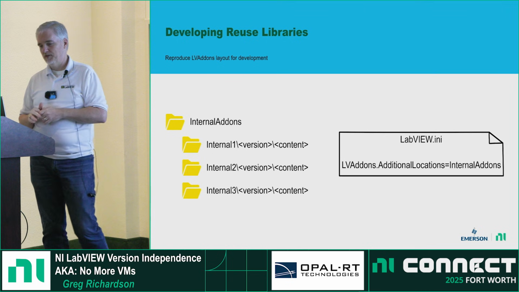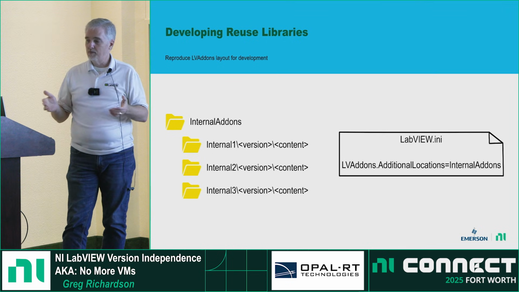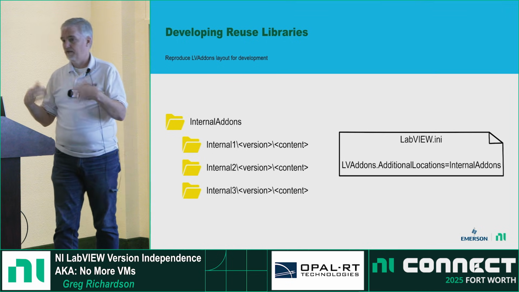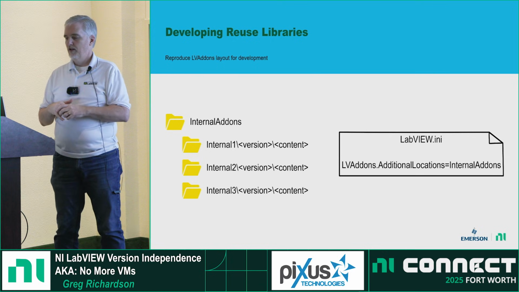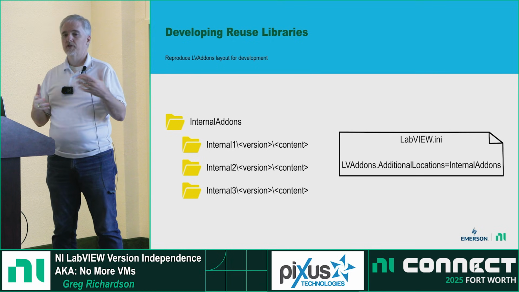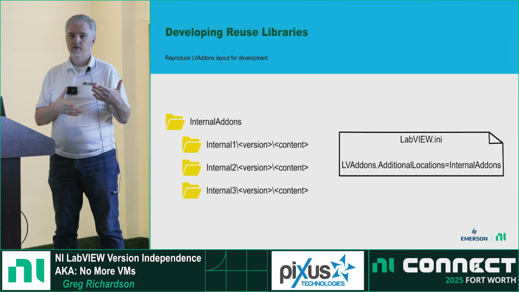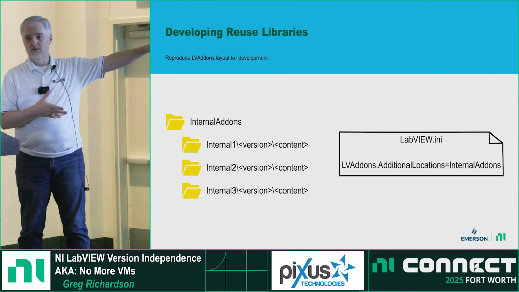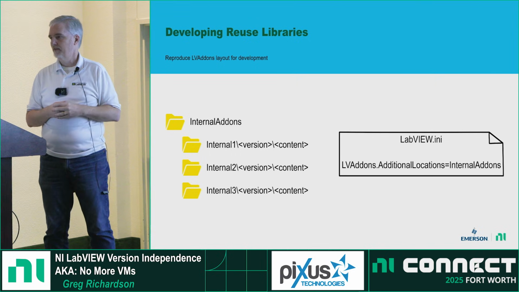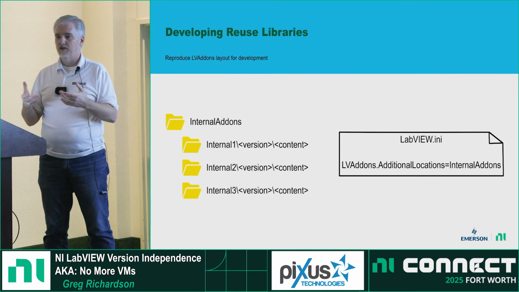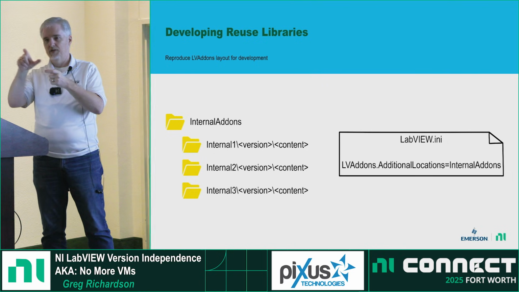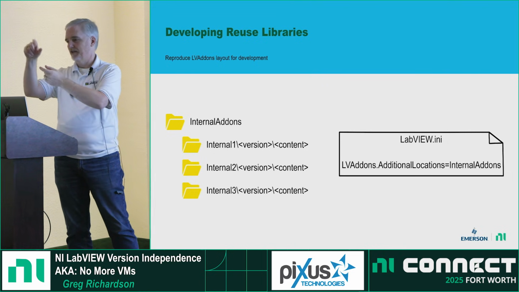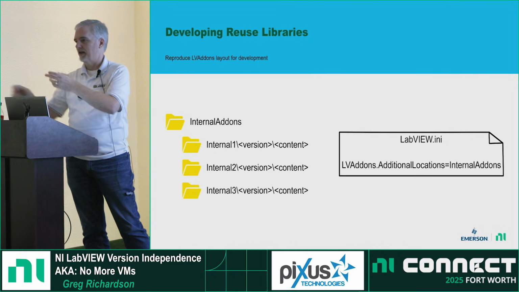When you're developing reuse libraries, one approach that I've done for our own internal usage is to create your source code layout in the form of LV add-ons. So in my source control, I have a directory called add-ons. Inside that, there are directories for each one, and underneath those are version directories and then all the content.